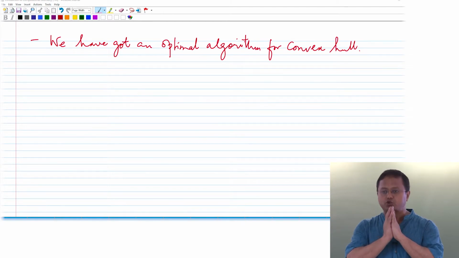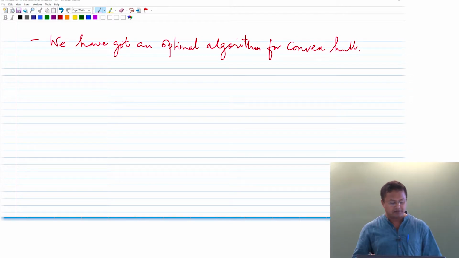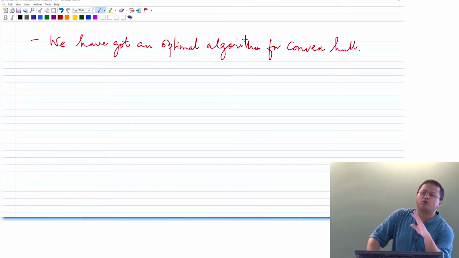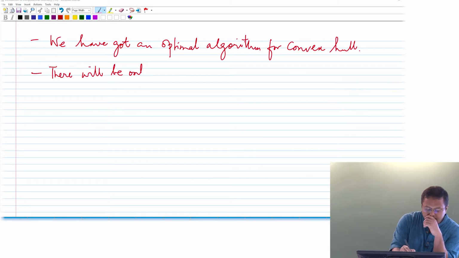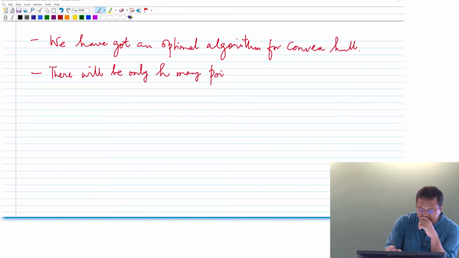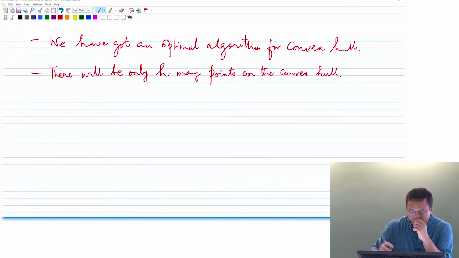Say, for example, in this situation someone has told you that there will not be many points on the hull. Say someone has told you that there will be only h points on the convex hull.